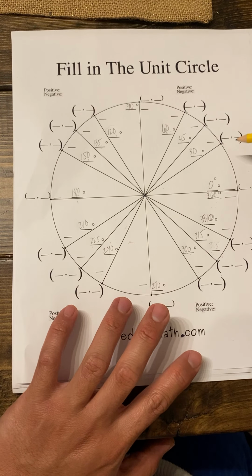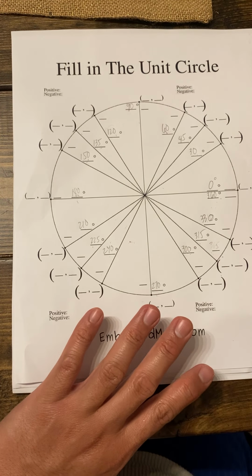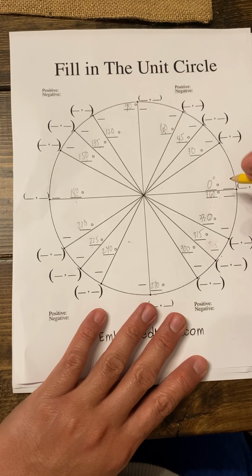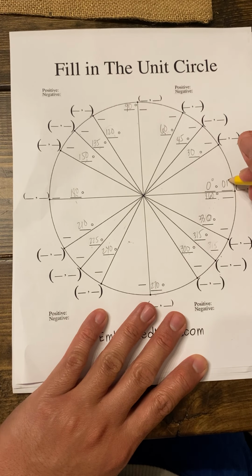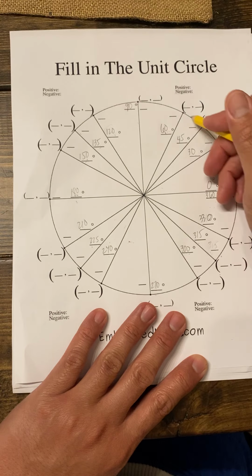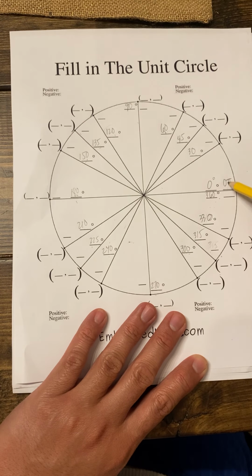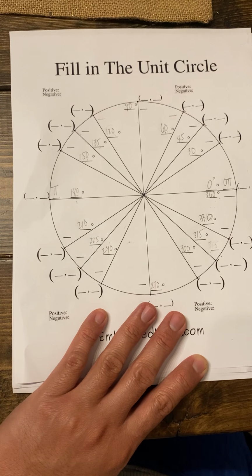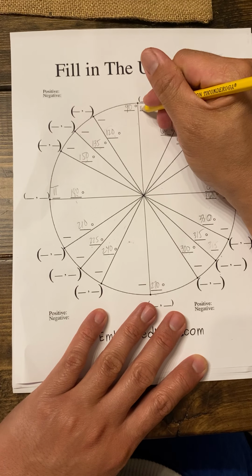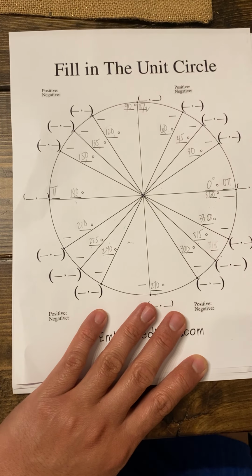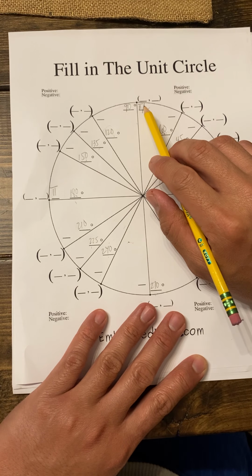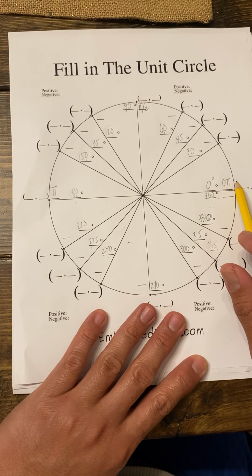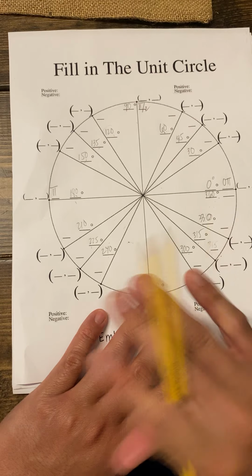Now, let's do the radians. For the radians, you know this is 0, a full pi, or a half revolution, is just going to be pi, and half of the pi is pi over 2. There are multiple ways to do this.